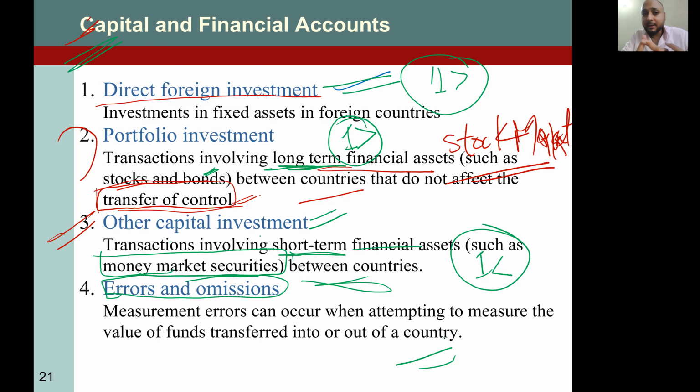And in the capital account, you talk about direct investment, portfolio investment, other capital investments, right? What happens if I smuggle goods from one country to another country? Would it be recorded here or not?